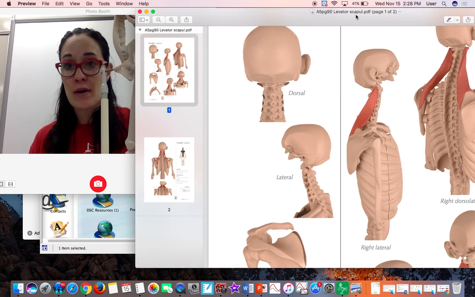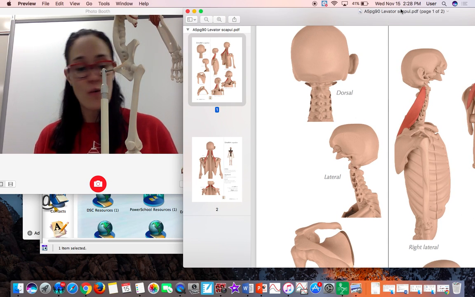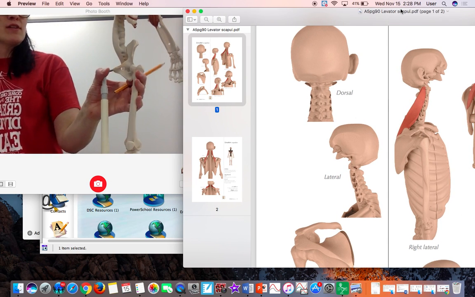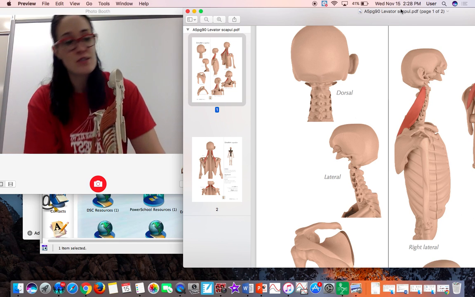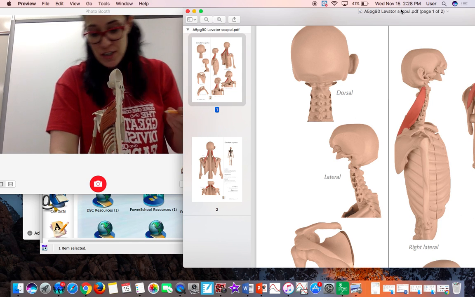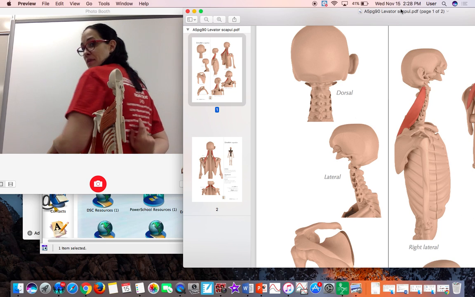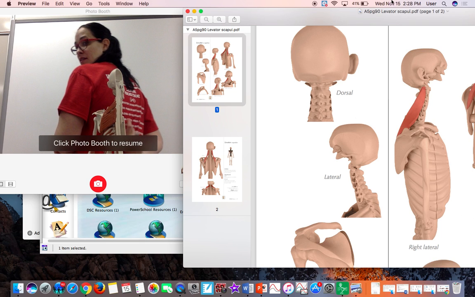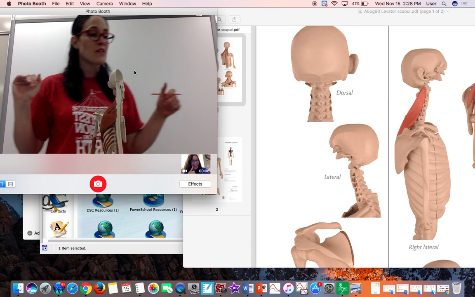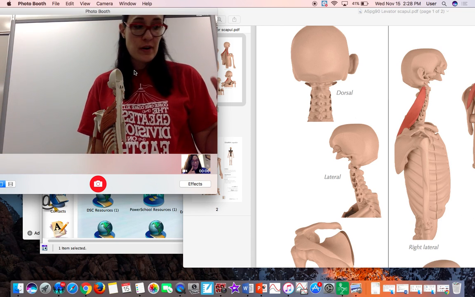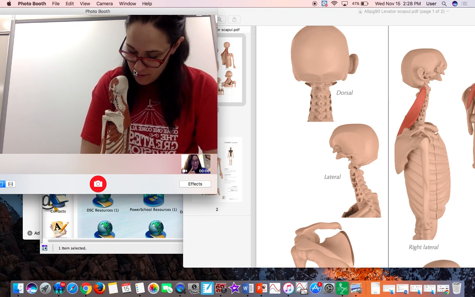So let's talk about its origin and its insertion and its action. So let me model down here, and it originates on the transverse process. So we're not talking about the spinous process, but we're talking about the processes on the vertebrae that are on the side, the transverse processes of the vertebrae C1 through C4.